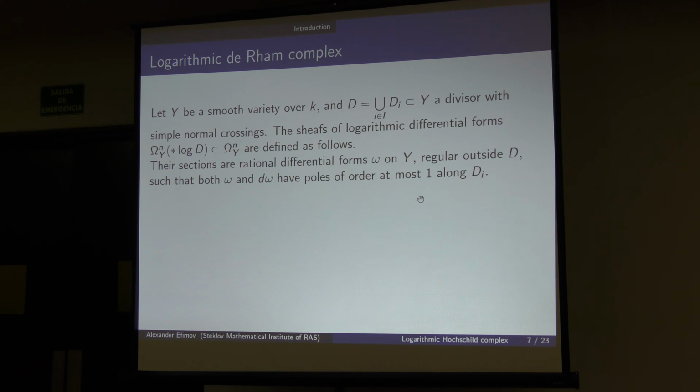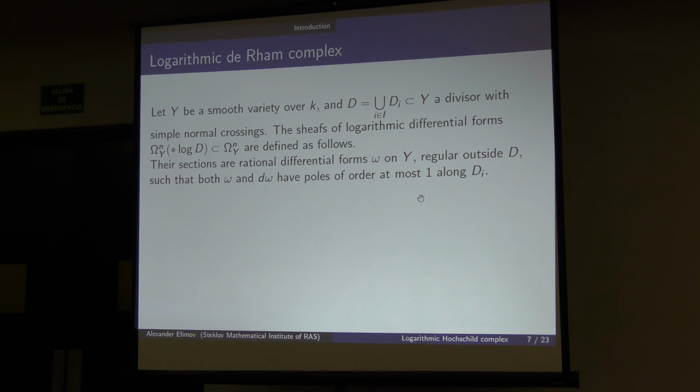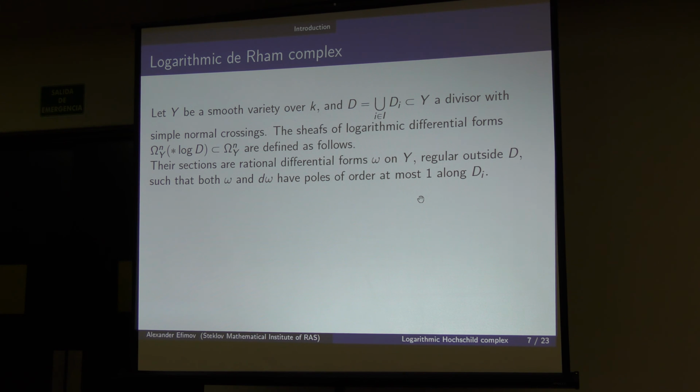The sections of the sheaves are rational differential forms on Y, regular outside D, such that both this form and its de Rham differential have poles of order at most 1 along the components of the divisor.